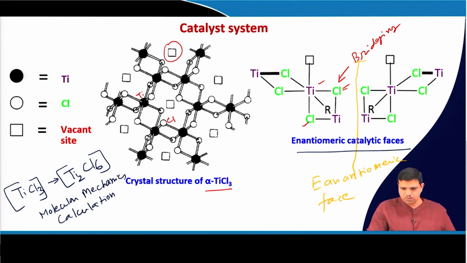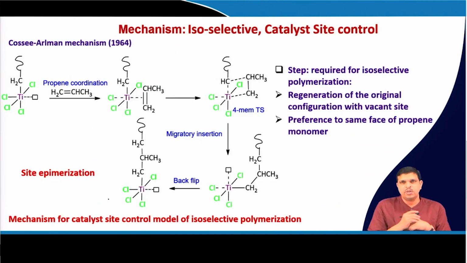Now I am sure you understand the possibilities in the simple TiCl4-AlEt3 system on pen and paper, but actually it's not that simple. It's a very complex structure.